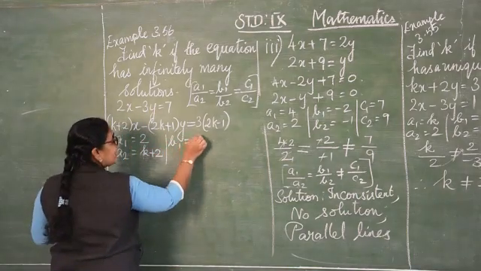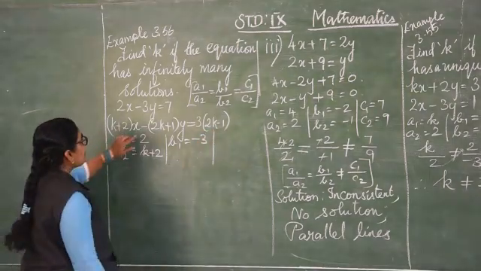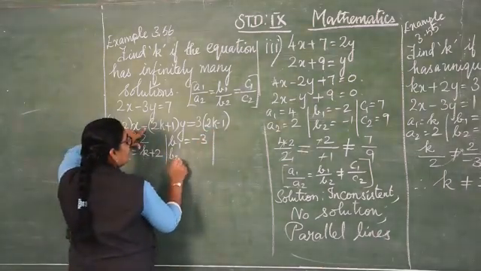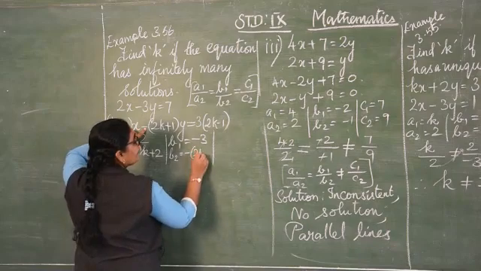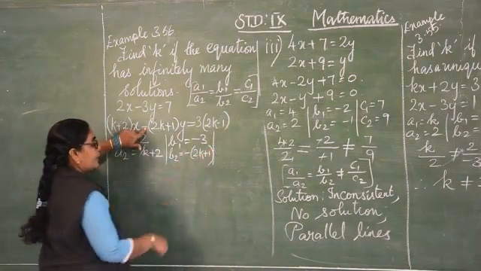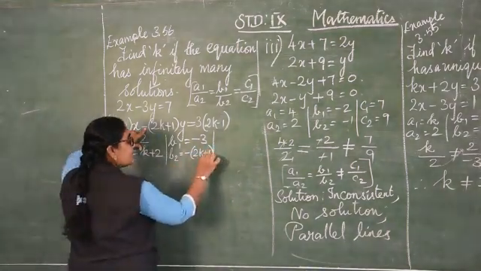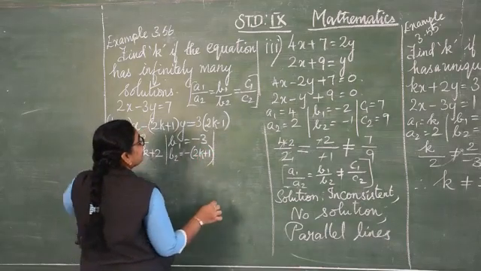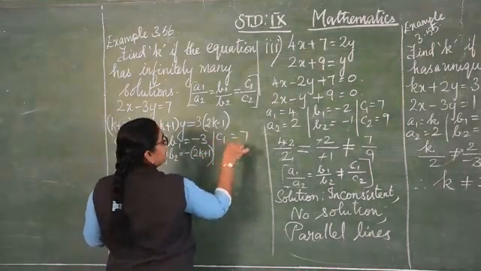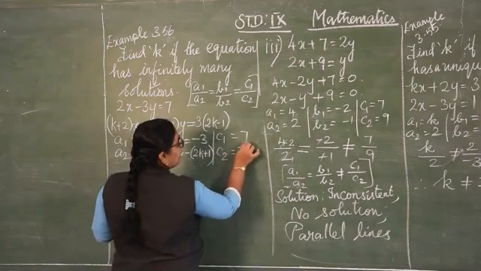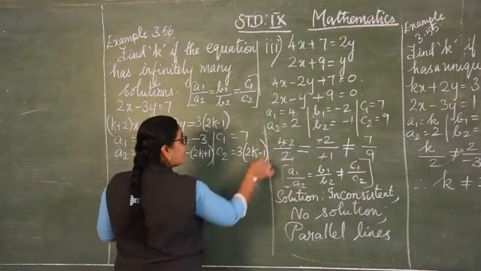Then b1 is minus 3. What is the value of b2? Minus of 2k plus 1, so the minus is included for both the terms. Then c1 is equal to 7, c2 is equal to 3 into 2k minus 1.